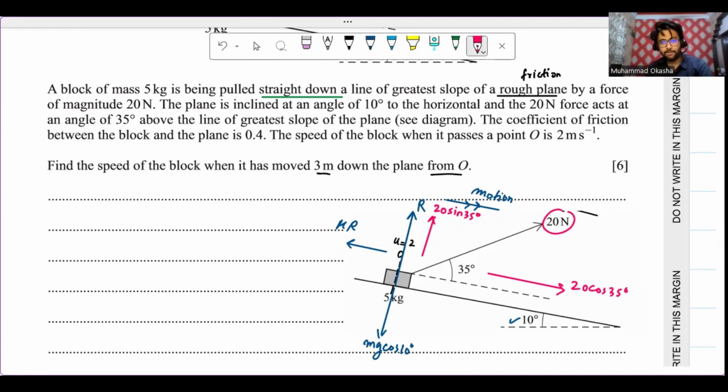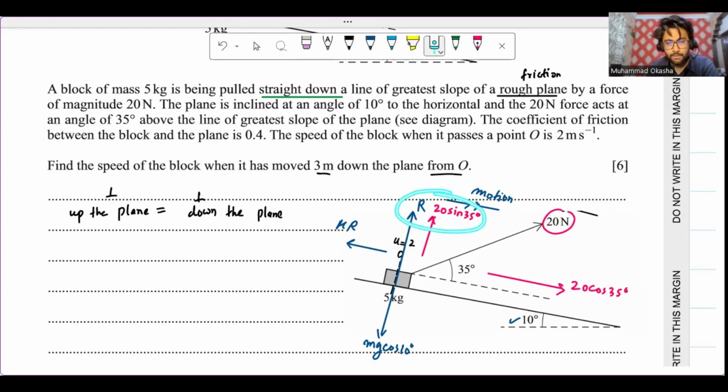So the motion is in this direction, right? Which means there's going to be a net force down the plane, and the body is vertically balanced, which means forces up perpendicular to the plane are equal to forces down.